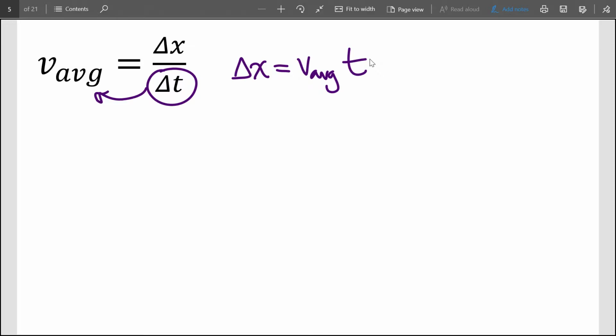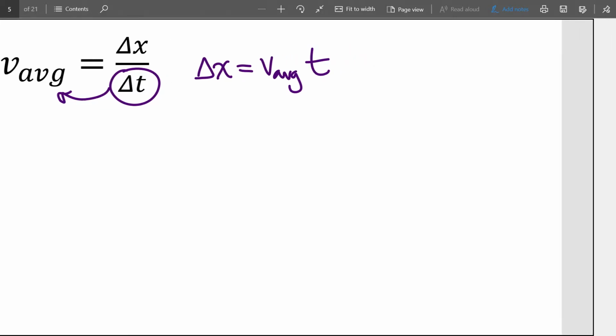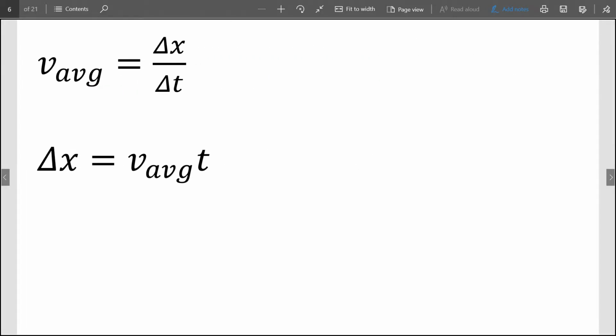And I'm going to drop the delta because that's what we do. We just drop the delta t. It's not super important on the delta t. All right. So we have this equation now for delta x that's expressing it in terms of velocity and time. This is our old friend distance equals rate times time. It's an equation that you guys probably saw in middle school. Well, there it is again.